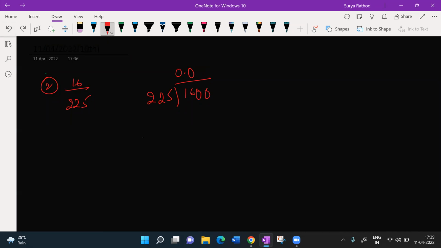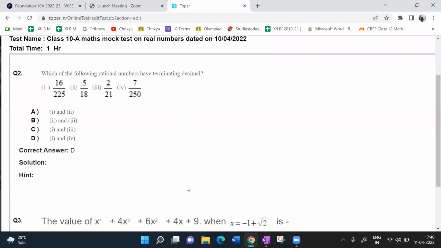It repeats like that. What about the others? Same, sir. Yes, it repeats. Only the fourth one is a terminating decimal.